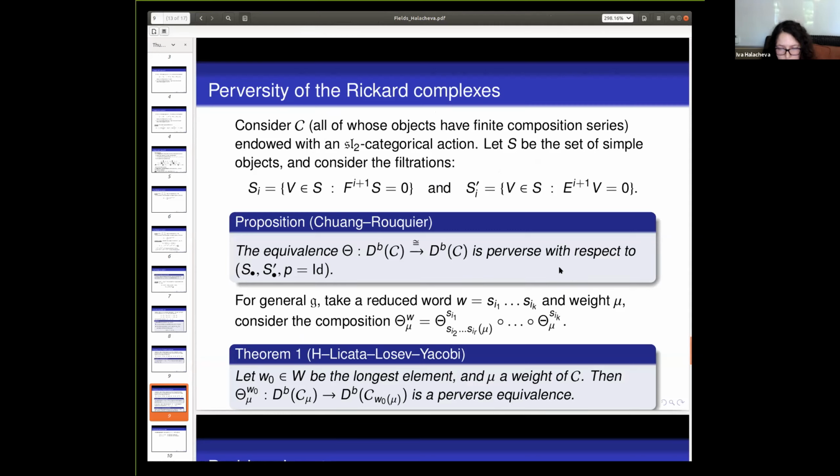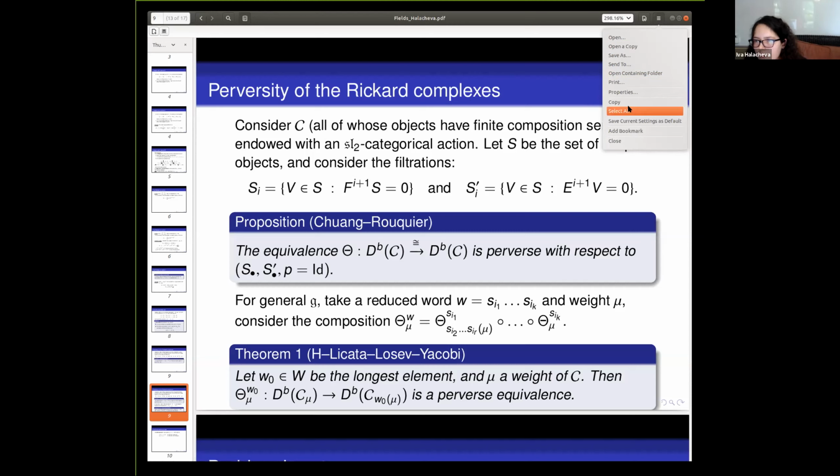I haven't told you here what the filtrations and the perversity function have to be, but in this case, the filtrations are related to the isotypic components for the representation, and the perversity function is related to the shift in the T exactness that I mentioned in the definition of perverse equivalences. So for the sake of finishing on time, I will not get into the details of that.